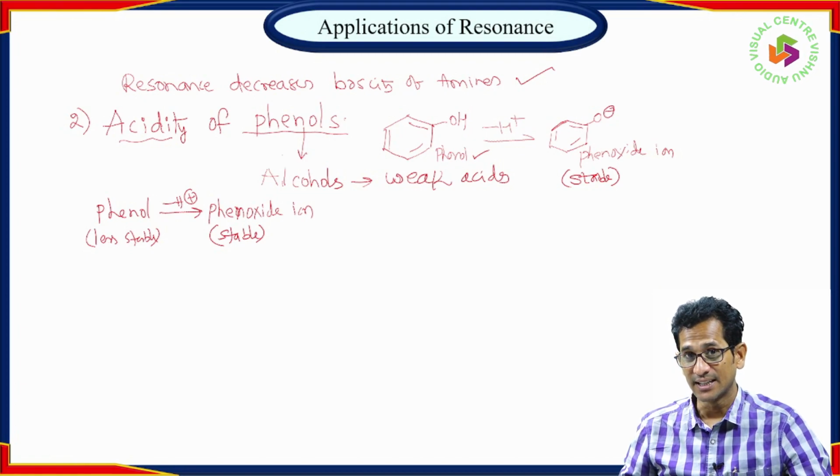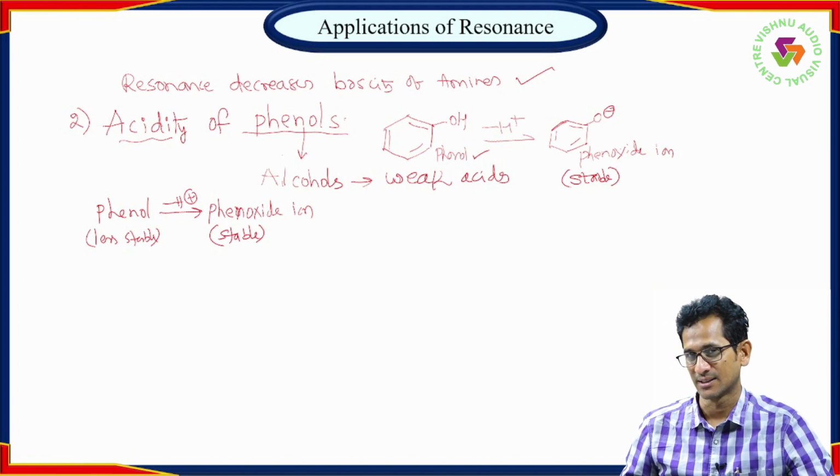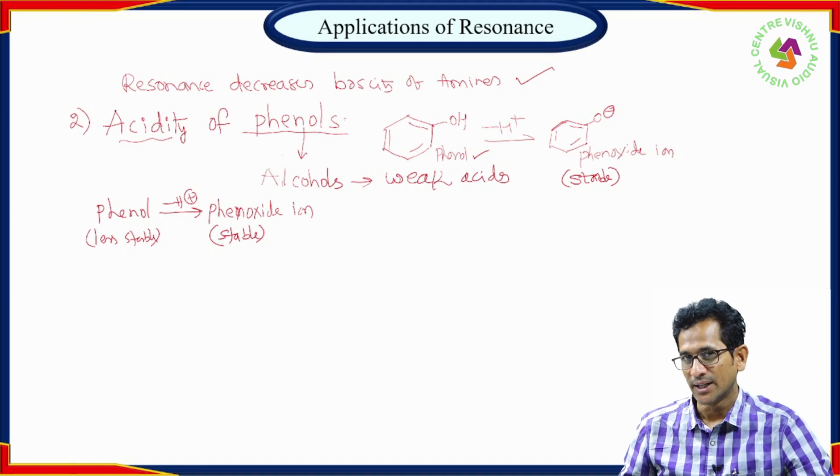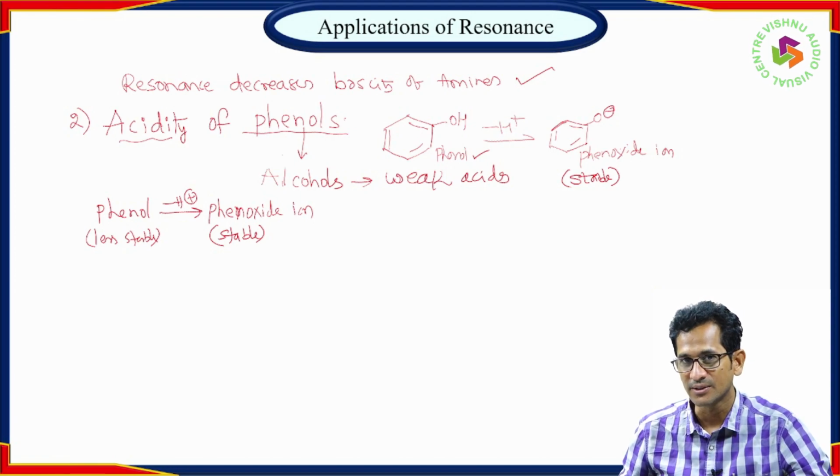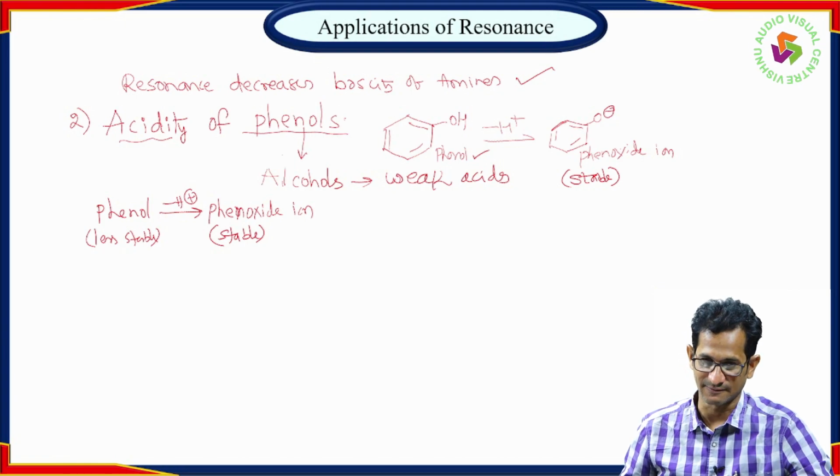So that indicates phenol attains stability when it loses H plus ions. When a substance loses H plus ions, that is called acidity, which means phenol shows acidic character.